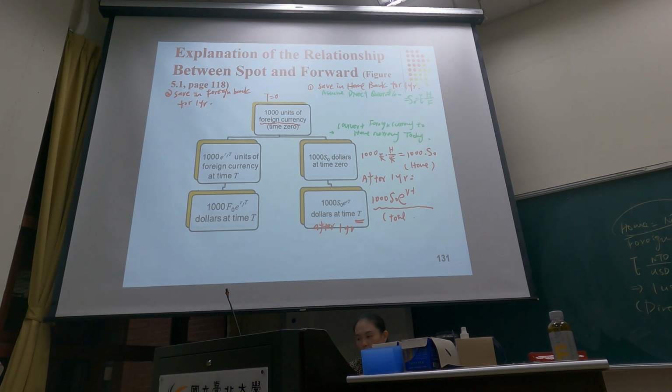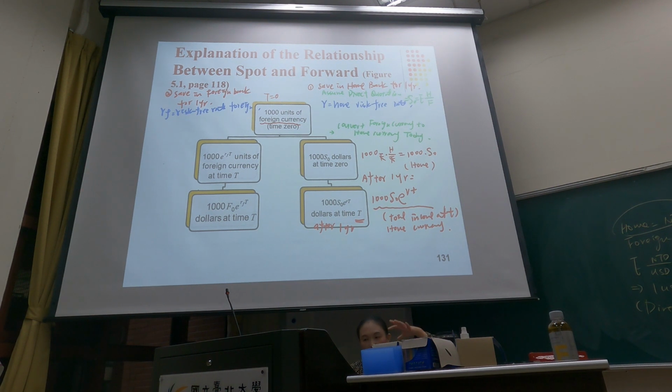That's your total income at T, and remember that's already in home currency. So here, be careful: R is the interest rate for home, and RF is the risk-free rate for foreign.